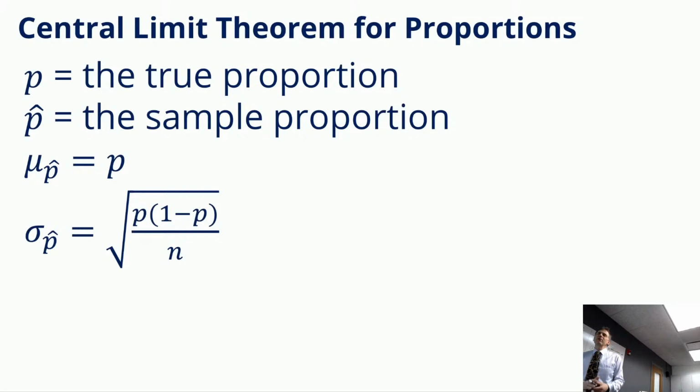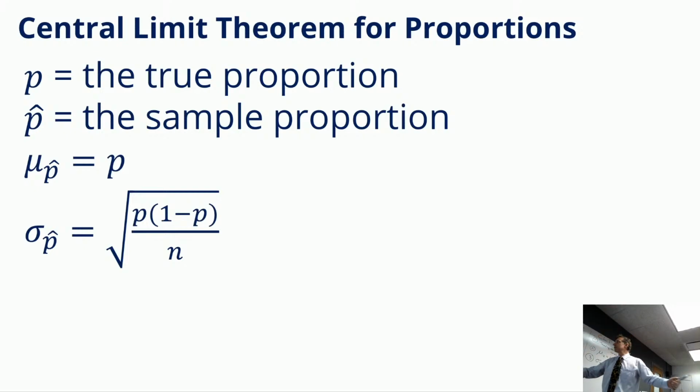Kind of makes sense that if we each have our own sample, and each of us has, say, 50 people in our sample, and we compute a proportion, there are more than 30 of us. We're just going to pretend 30. So we each have 50 people, and if we average all of our proportions together, that's essentially the same as pooling all of our samples into one giant sample of 1,500 people and taking the proportion there.